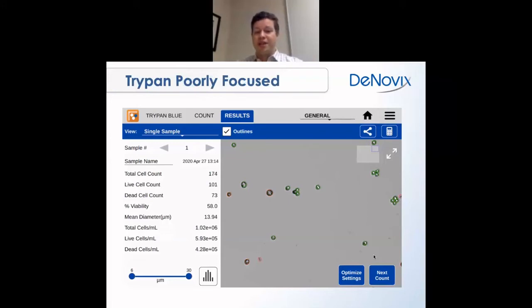That exact same sample, just tweak the focus out a little bit, just 1 or 2 clicks the wrong direction. You still have some bright centers here in some of these cells over to the right, so it is possible that somebody might look at this and think that the focus is fine, but your viability now has gone down to about 60%.